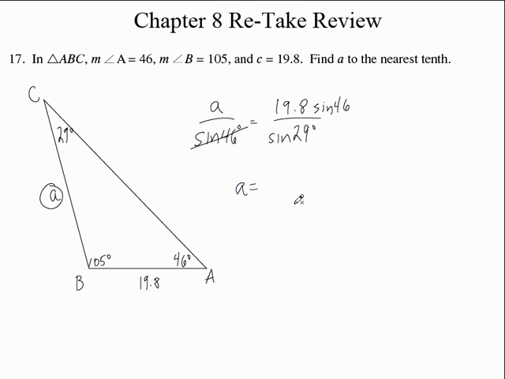Okay, so I threw it onto the calculator and I get 29.37. Let's round it to the tenth. It says it right here also, round it to the nearest tenth. So 29.37 rounds to 29.4. That's all they ask for, is side A, right there, and I'm finished.